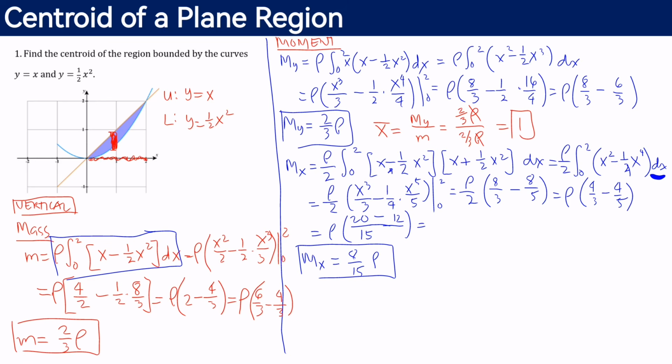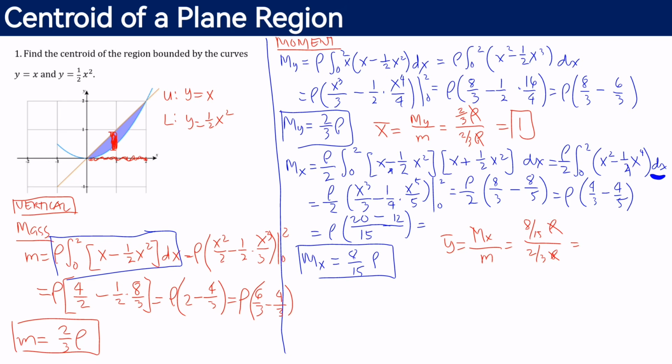Thus, the y-coordinate of the centroid is given by M sub x over m. Mx is 8 over 15 rho divided by the mass, which is 2/3 rho. The rho will cancel out.